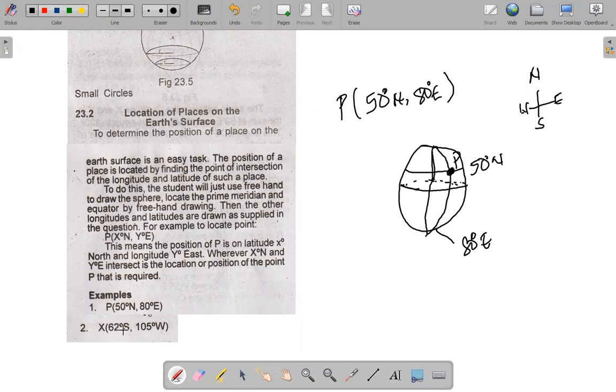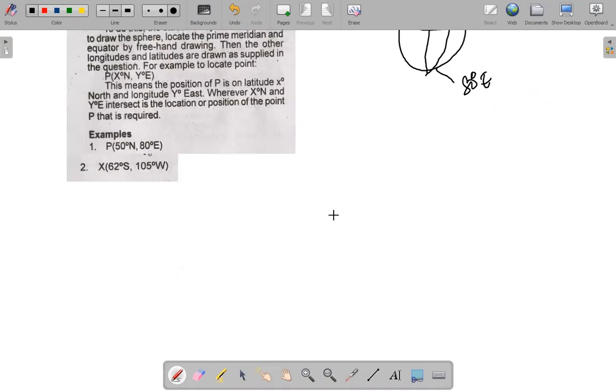Then example 2. X is located on 62 degrees south in terms of latitude, then 105 degrees west in terms of longitude. We begin to draw a freehand sphere, then put the equator, the prime meridian, 62 degrees south. 62 degrees south is down the equator, that's below the equator.